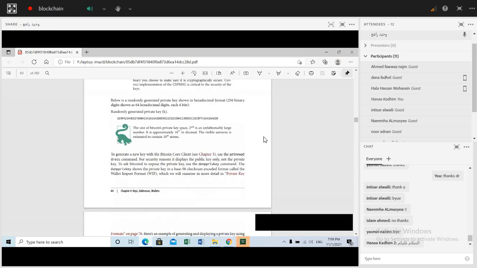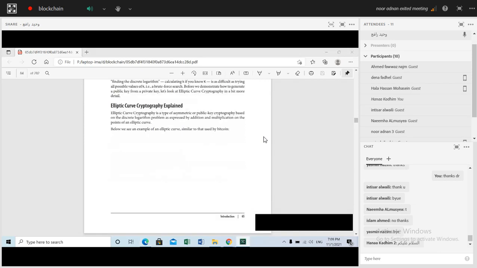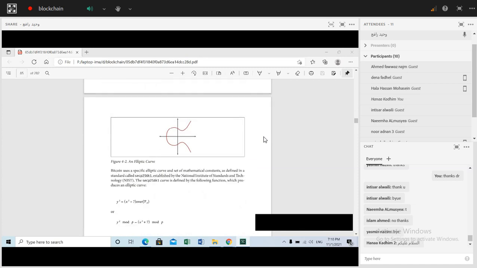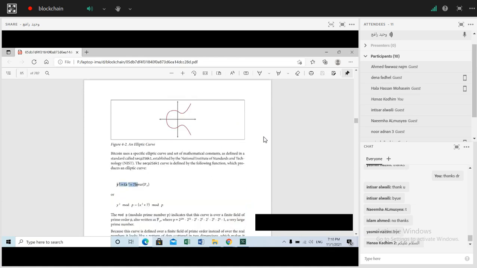Okay, this is the equation of the curve that Bitcoin uses in this approach.